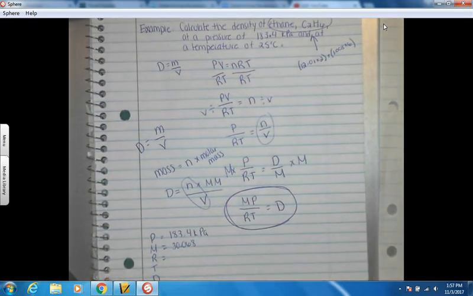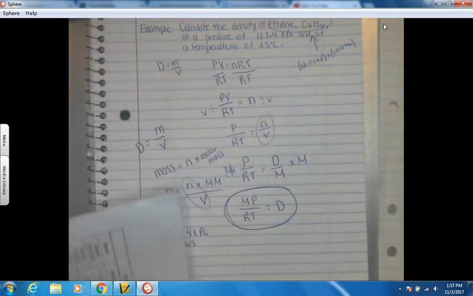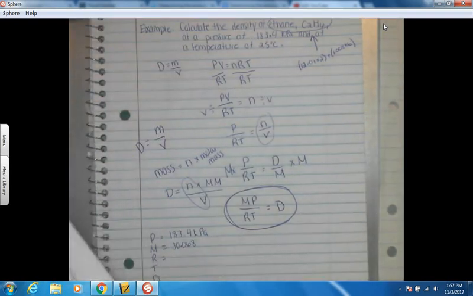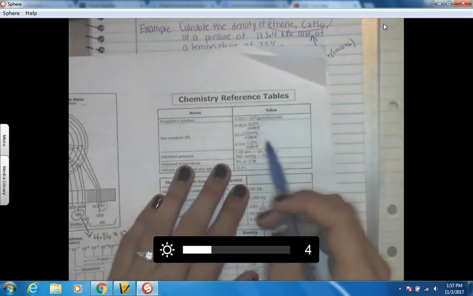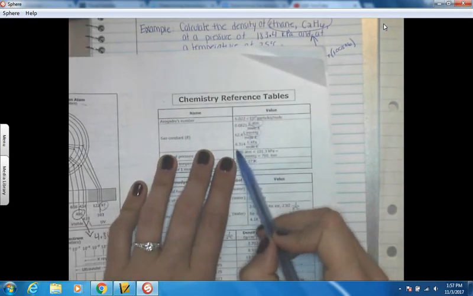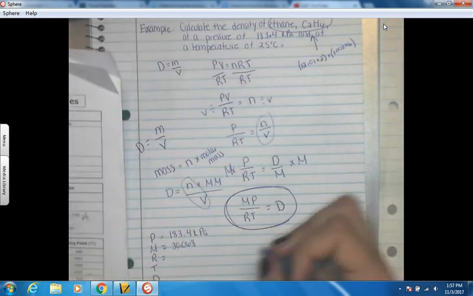R is our ideal gas constant, and our pressure is in units of kilopascals. So we go to our chart, and the gas constant that has kilopascals in it is 8.314.